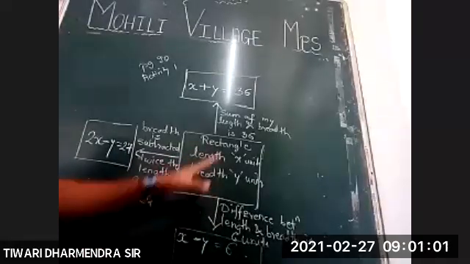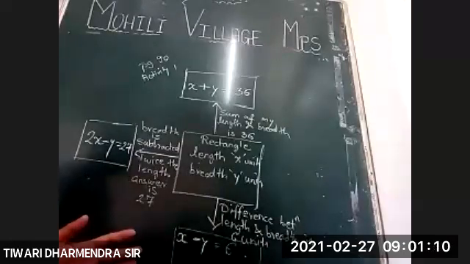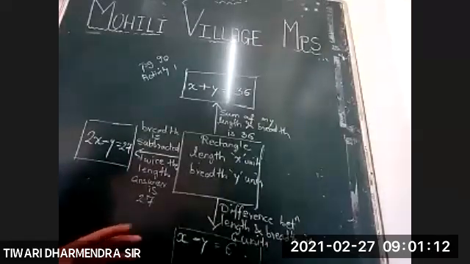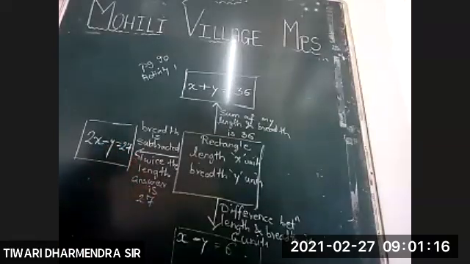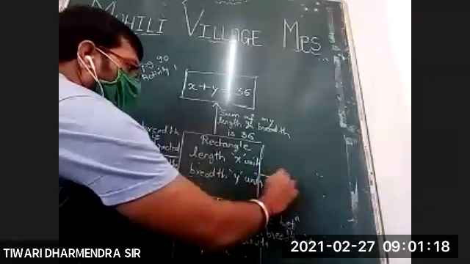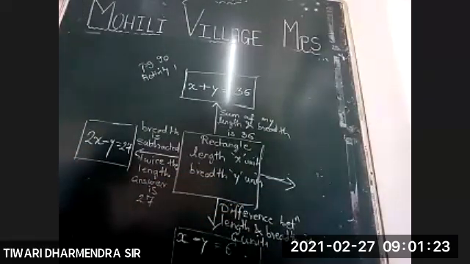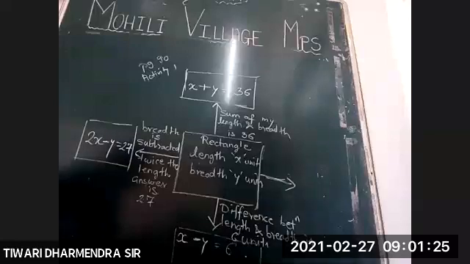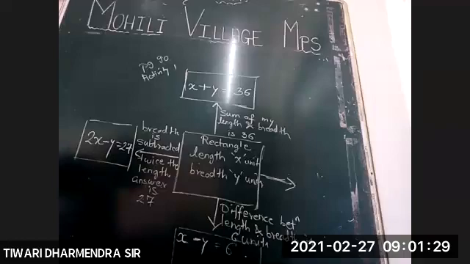It's an activity which will help us understand how to frame a mathematical equation from a given word problem. So this is for understanding and making our concepts clear. Breadth is subtracted from twice the length, answer is 27. Next: my breadth is 5/7 times the length.